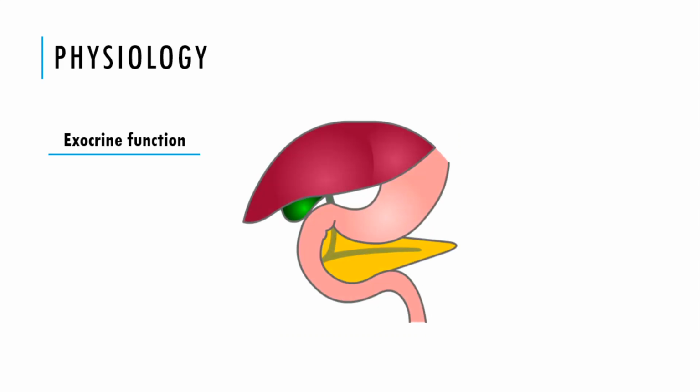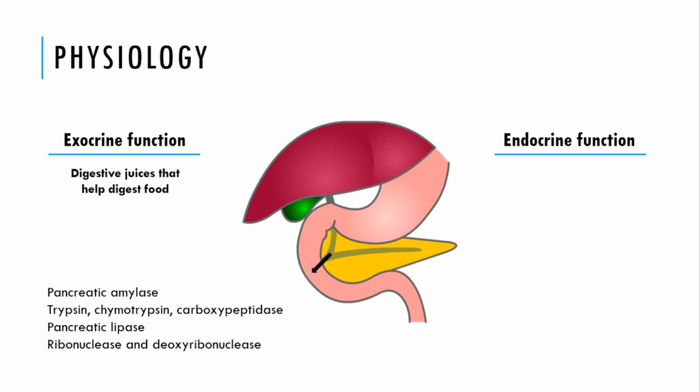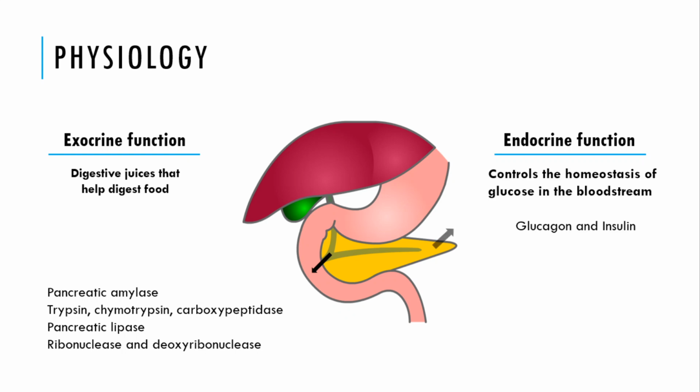The pancreas essentially has two roles, an exocrine function and an endocrine one. The exocrine function produces all the digestive juices that help digest food, primarily by regulating the production of pancreatic amylase, trypsin, chymotrypsin, and carboxypeptidase, the pancreatic lipase, and ribonucleases and deoxyribonucleases.